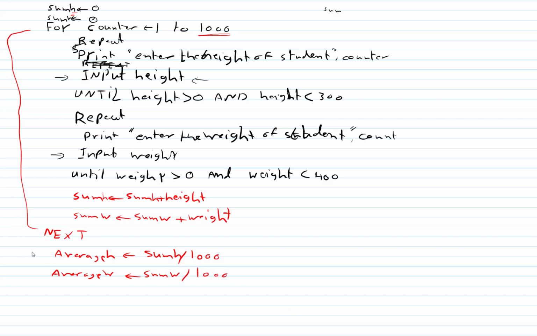Then after we find the average, we can just print them. So we write print, average height of the students is, and here average h.